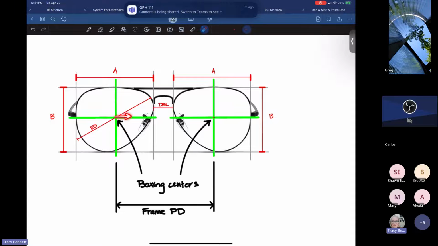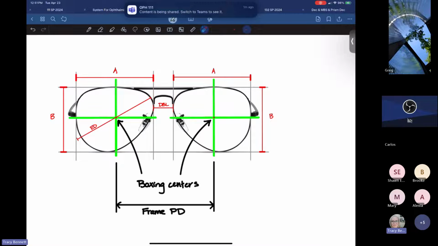And we could go horizontally or we could go vertically. When you're measuring to get the frame PD, you always hear that you can measure the A plus the DBL, right? A plus DBL for decentration formulations. That gives us our frame PD.